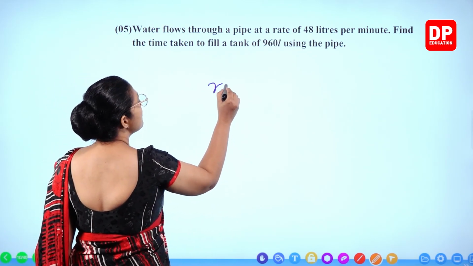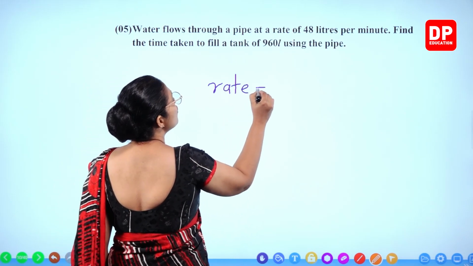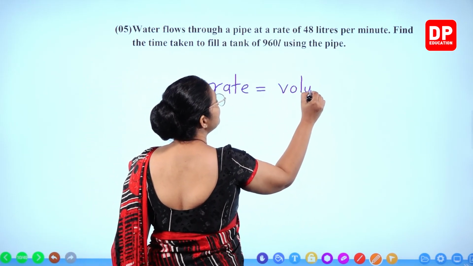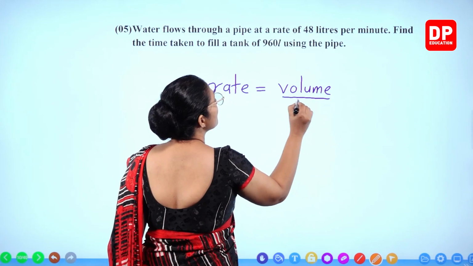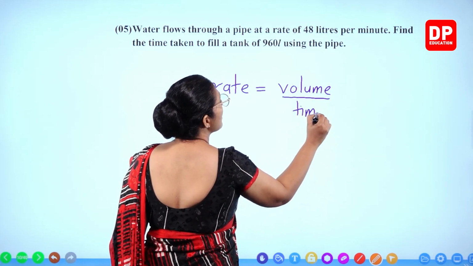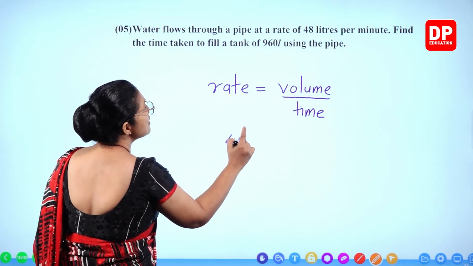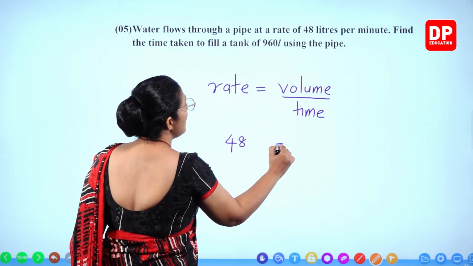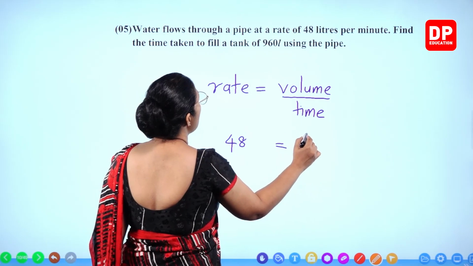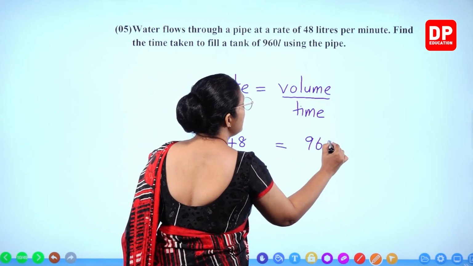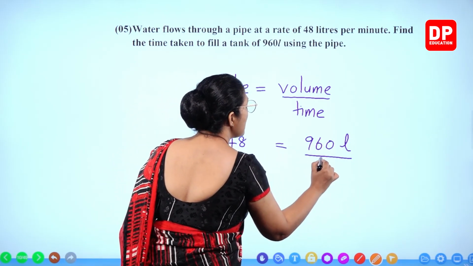So what is rate? Rate is equal to volume over time. Now rate is given 48 liters per minute and volume is given 960 liters. So what is the time?